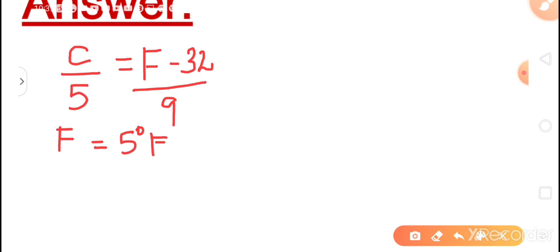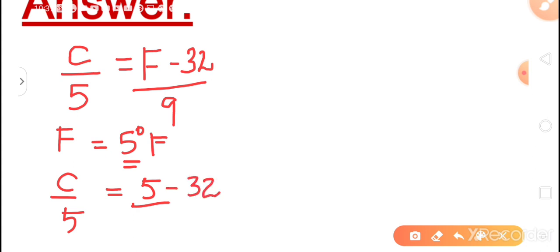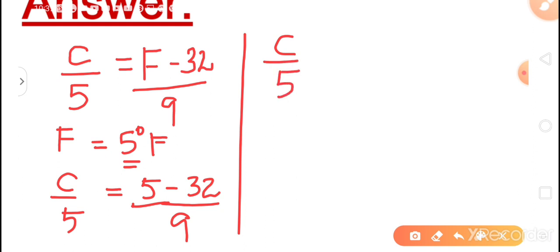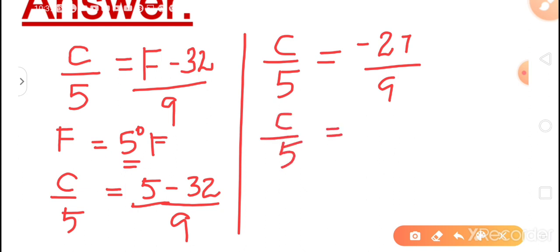So substitute this value in the equation: C by 5 is equal to 5 minus 32 by 9. So C by 5 is equal to 5 minus 32, which is minus 27, divided by 9. Subtract these two terms, then we get C by 5 is equal to minus 27 by 9, that is minus 3.